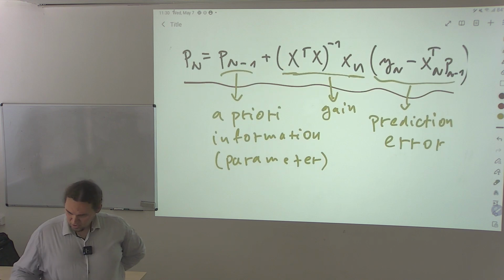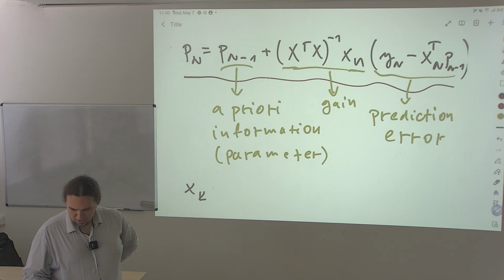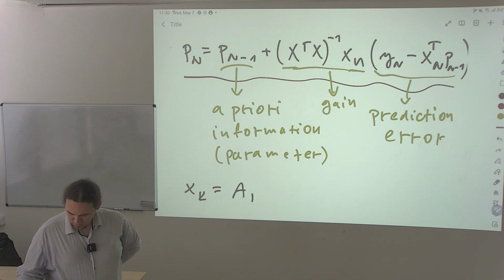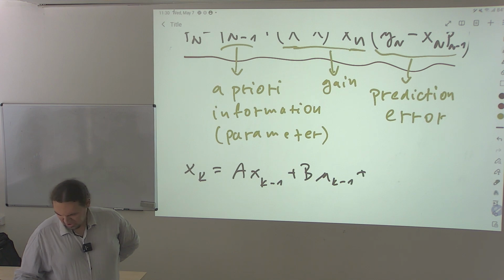Because also things like, so let's say I have x at time k is equal to x k minus 1 plus B u k minus 1 plus, what do you use in the theory of automatic controls?